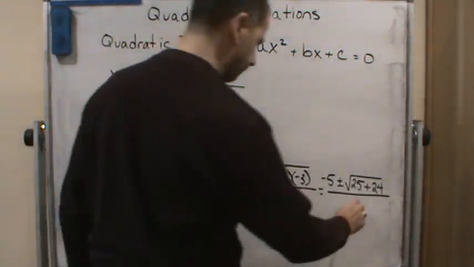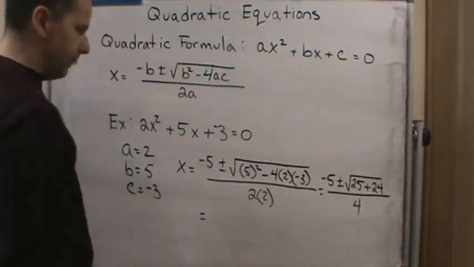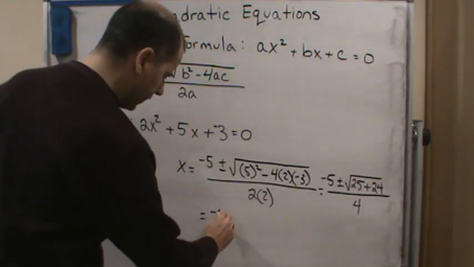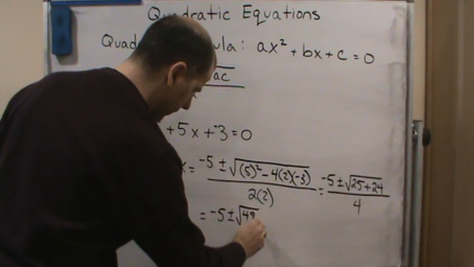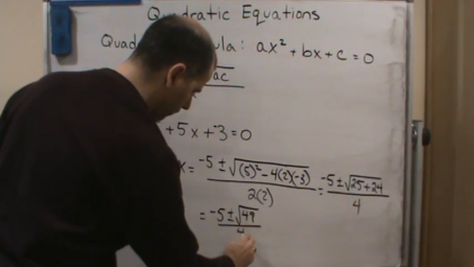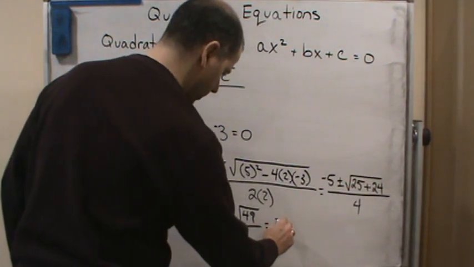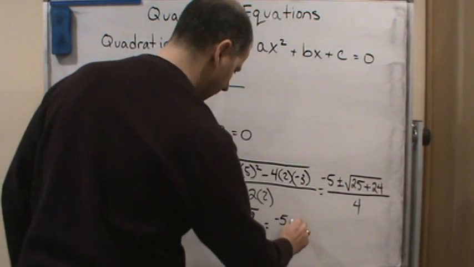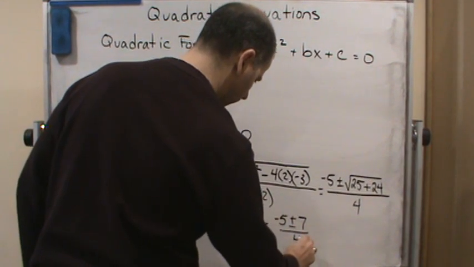Over 4. So now, what happens is this? Well, now I'm going to get negative 5 plus or minus the square root of 49 over 4. Now, the square root of 49 is 7. So now this is going to be negative 5 plus or minus 7 over 4.